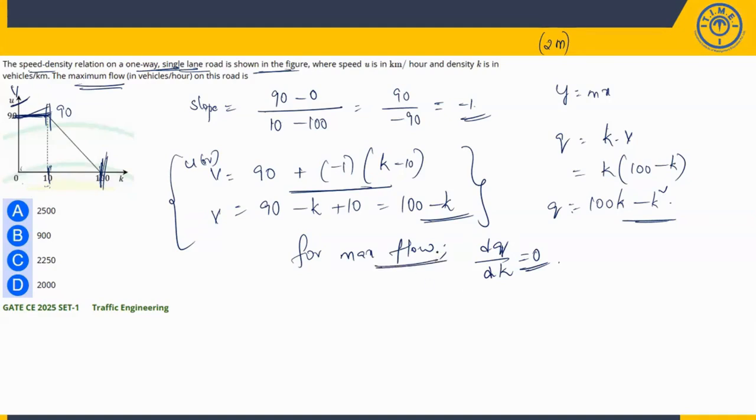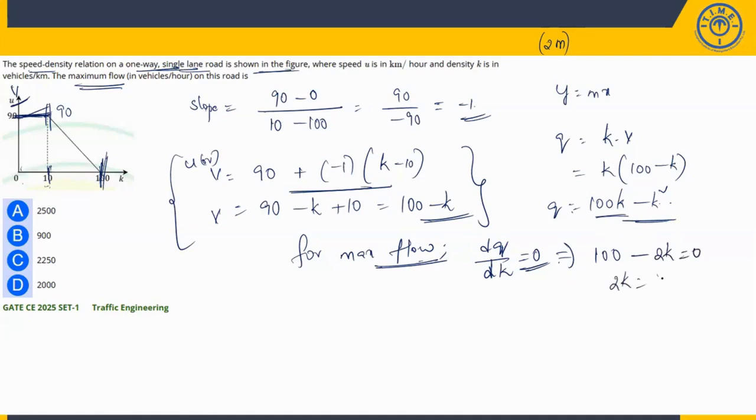Similarly, for maximum value of q, dq by dk, because we have this equation in k, dq by dk is 0. So what is dq by dk? d by dk of 100k is 100, d by dk of k square is 2k, equal to 0.